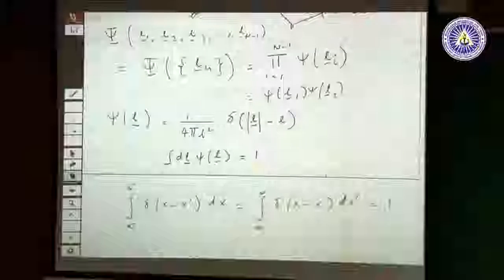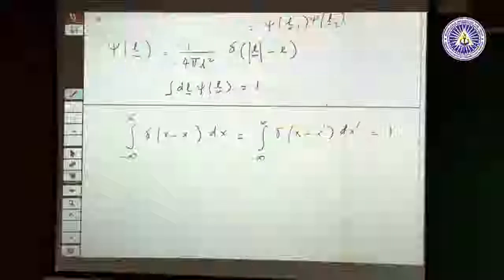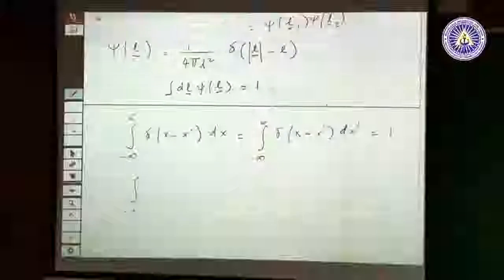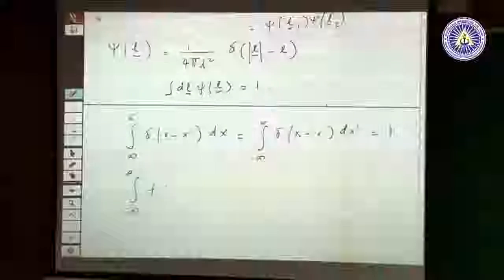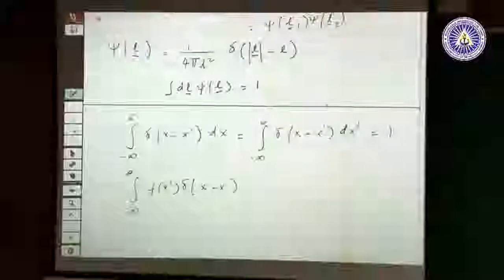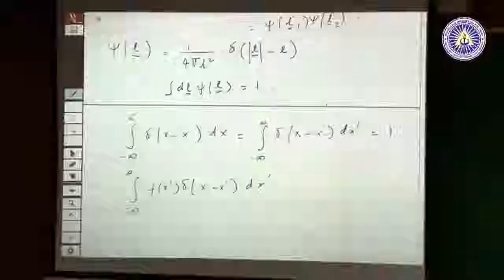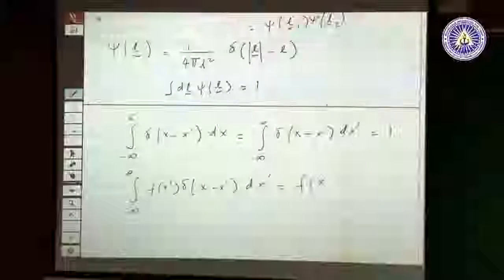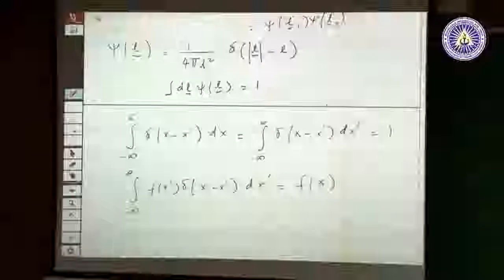And if you integrate any function with it, the delta function picks the value of the function at the location where it peaks.